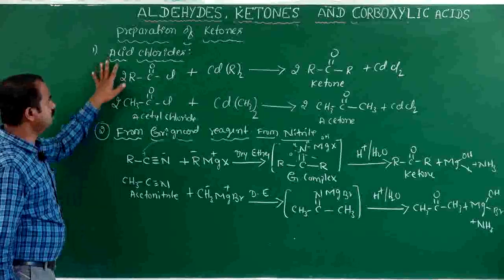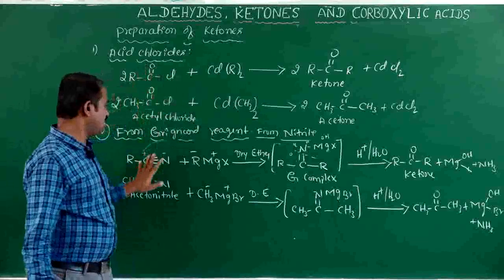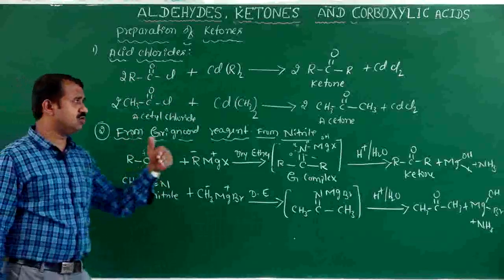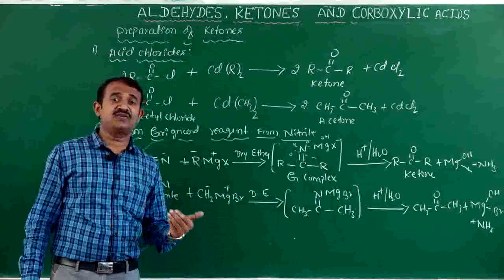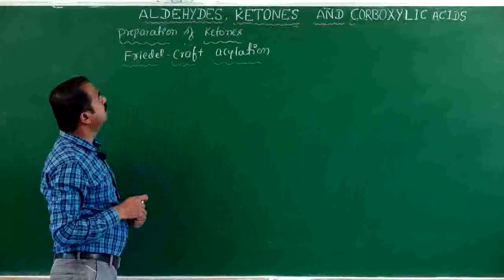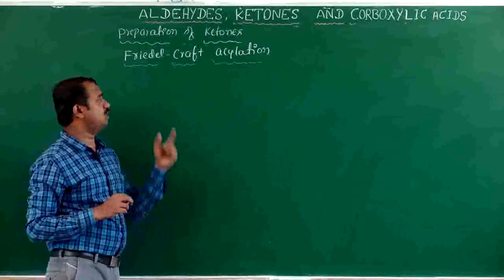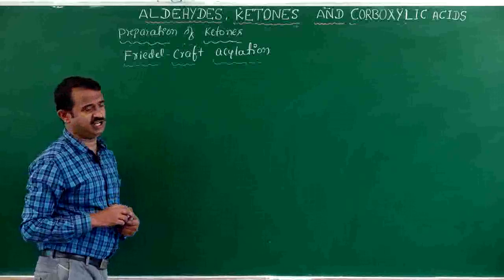These two are preparations of ketone from acid chloride and nitrile. Next, the last preparation: preparation of ketones from hydrocarbons using Friedel-Crafts acylation.